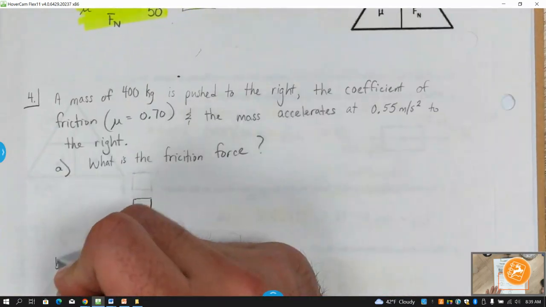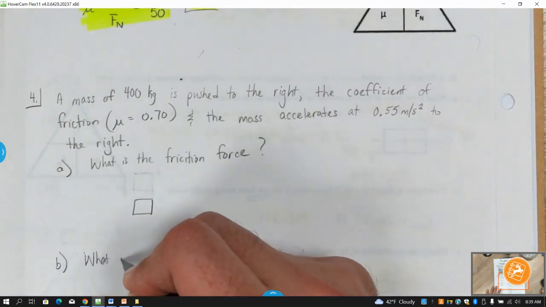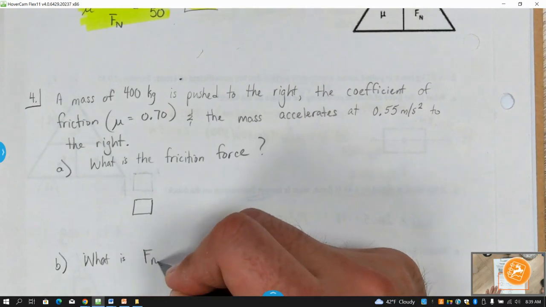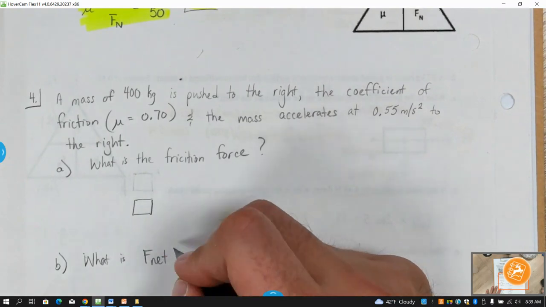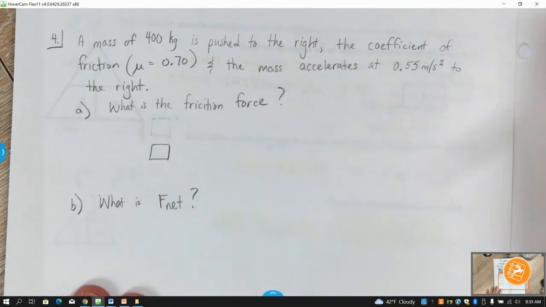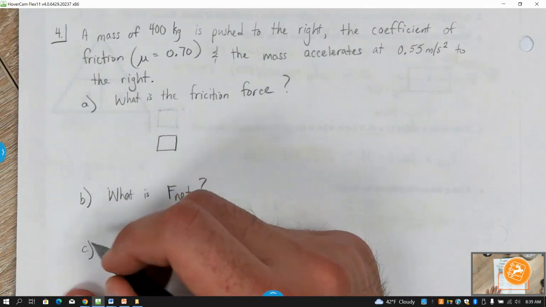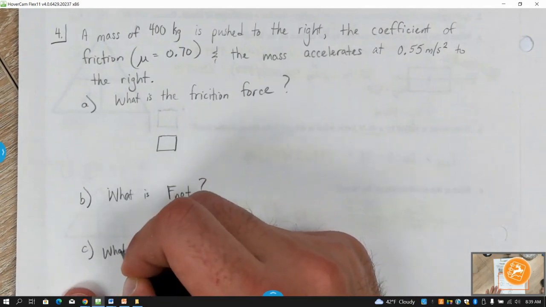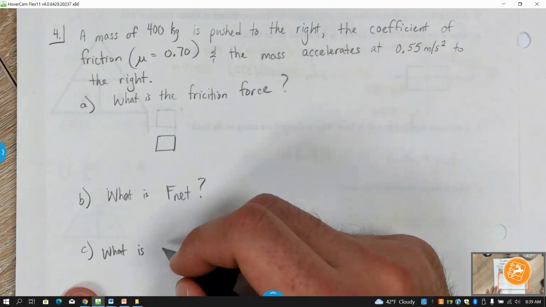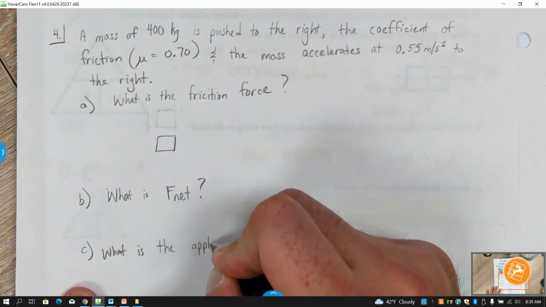B, what is the F net? And C, what is the applied force?